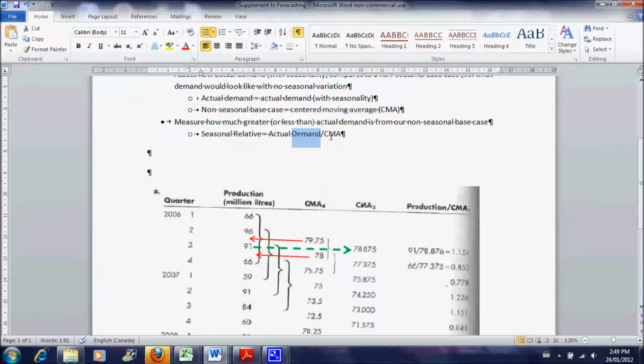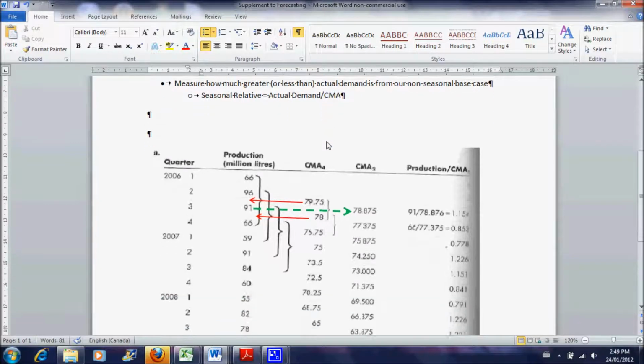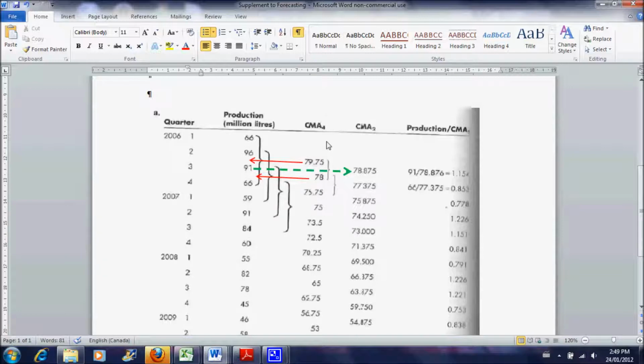The centered moving average is the process we use to smooth out the seasonal variation so that we can see what the demand would look like if there was no seasonality. This ratio tells us how much greater or less than this base case demand is.